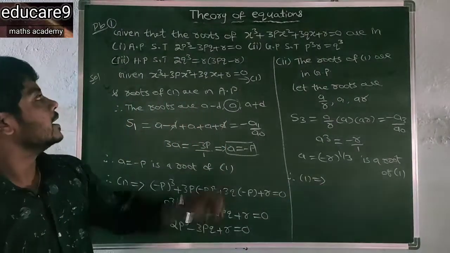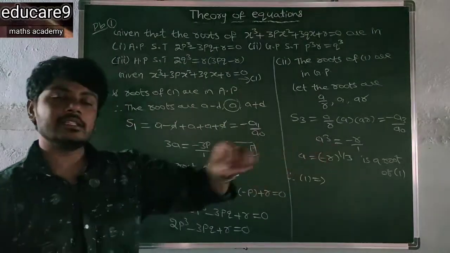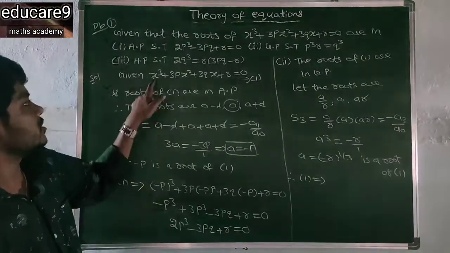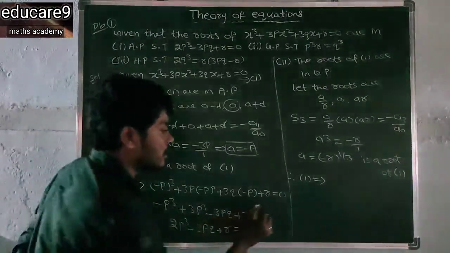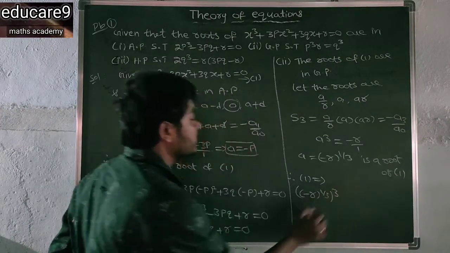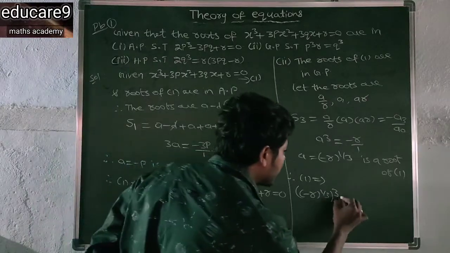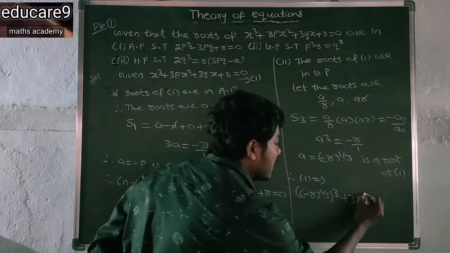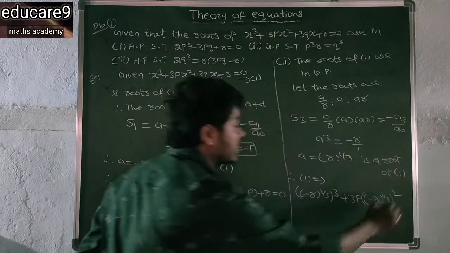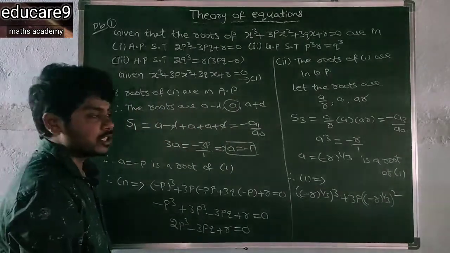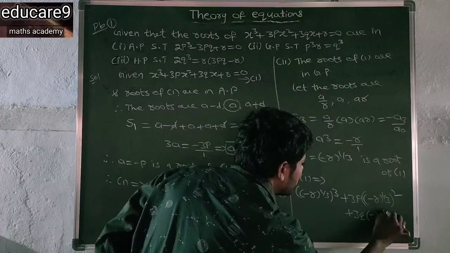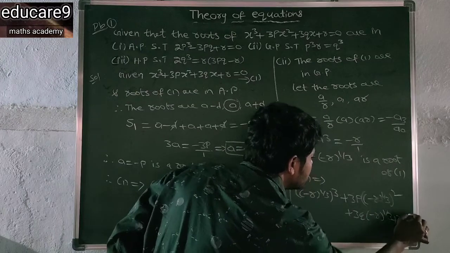Substitute x value minus r to the power of 1 by 3 because it is a root. So equation 1 is x power 3, that is minus r to the power of 1 by 3 whole to the power of 3, plus 3p x square, that is 3p into minus r to the power of 1 by 3 whole square, plus 3qx, that is 3q into minus r to the power of 1 by 3, plus r is equal to 0.